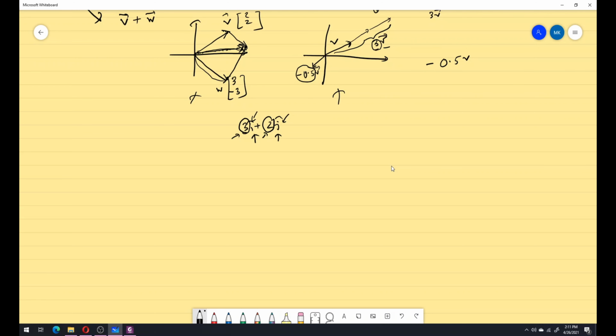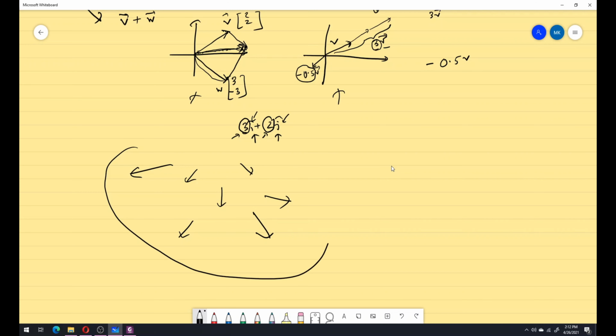Okay, so let's say you have raw data, and if you interpret those data with vectors, let's say you have scattered data all around. Okay, so you do not get any insight from this scattered data, right?